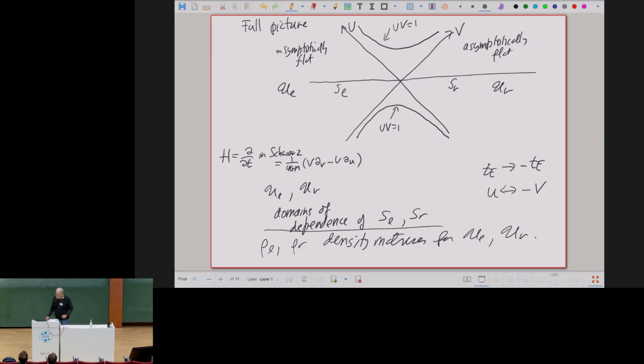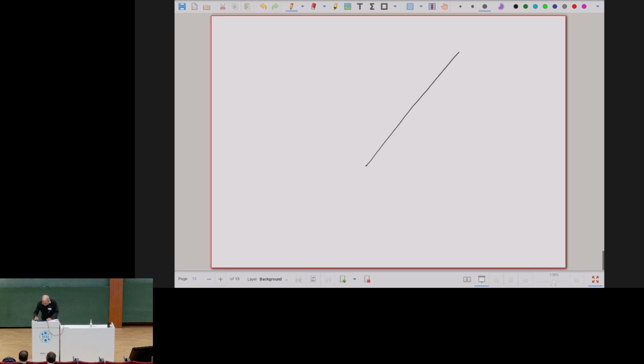The picture is becoming very busy, so I want to start again. So you've seen this picture before when we were discussing Rindler space, except that we didn't have the cutoff at UV equals 1. So the metric on this picture is different from what it was when we were doing Rindler space, but the picture is the same.